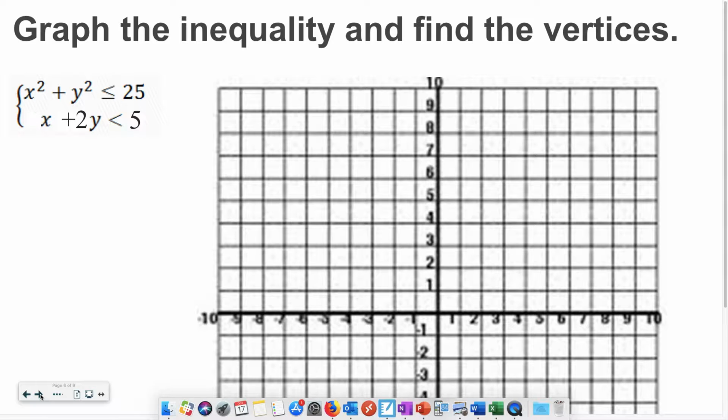What is that? It's a parabola. It is not a parabola. A parabola only has one squared term. This has 2 squared terms. Let's just think of the equation. X squared plus y squared equals 25.